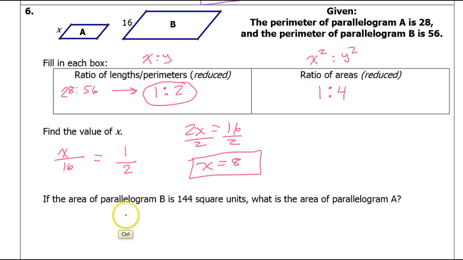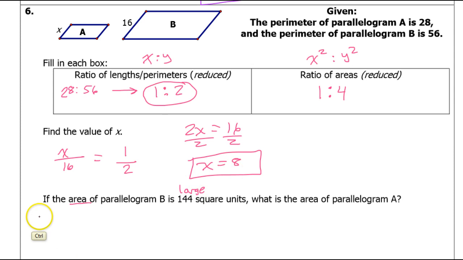All right, now, if the area of parallelogram B is 144, what is the area of parallelogram A? Okay, so the area of parallelogram B, so this is the large area.